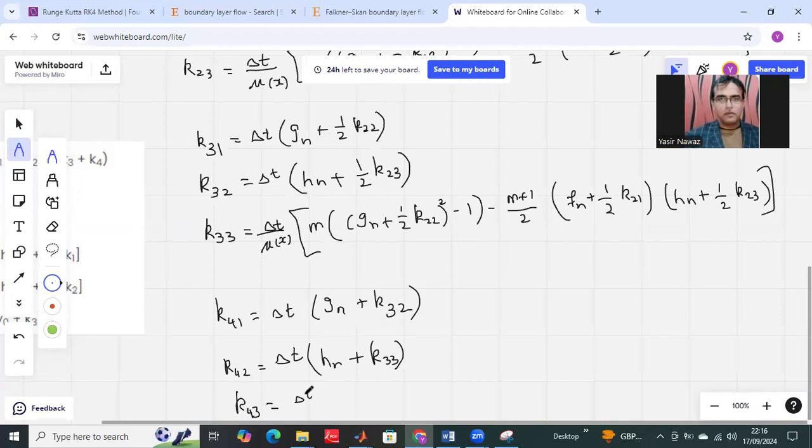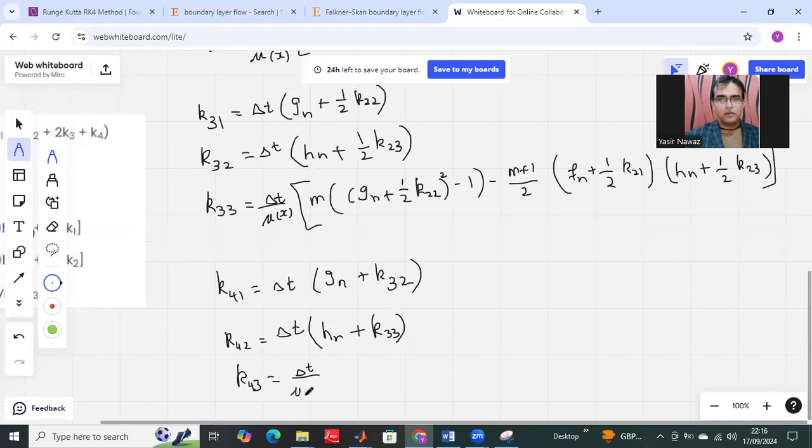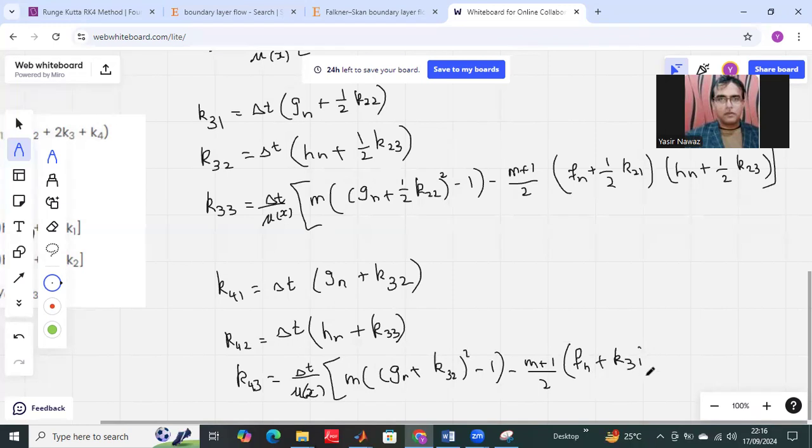K43 is delta T mu of x, and then M Gn plus K32 whole square minus 1, and then minus M plus 1 over 2 Fn plus, that would be K31, then Hn plus, that would be K33. So that was the fourth stage.